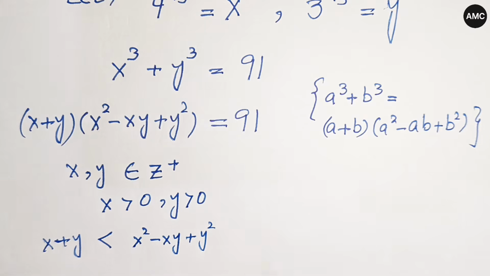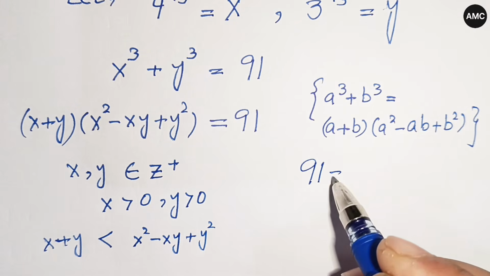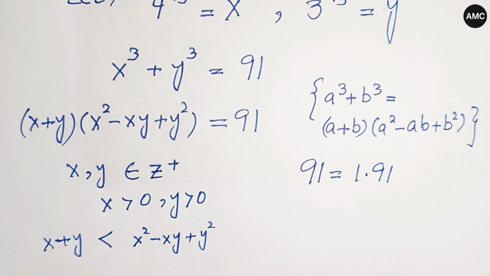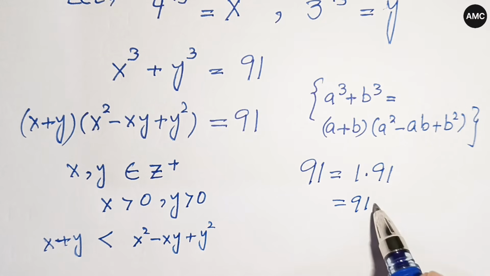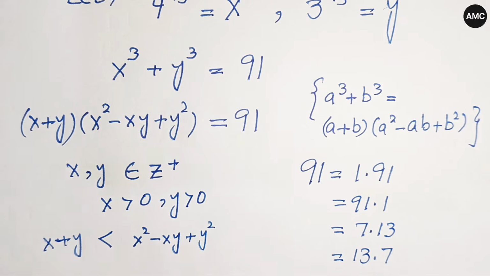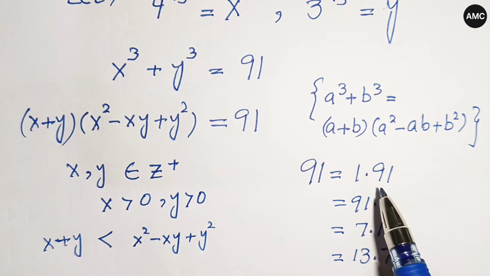Now we are going to make factors of this 91. We have 1 times 91, 91 times 1, and another factor pair, 7 times 13 and 13 times 7, which is equal to 91. But we have to take only those factor pairs in which the first factor is smaller and the second one is greater.